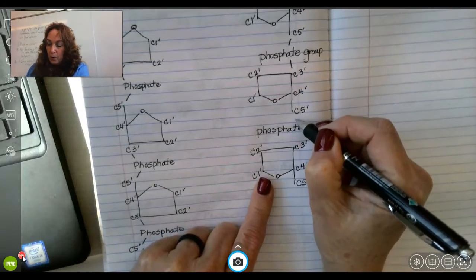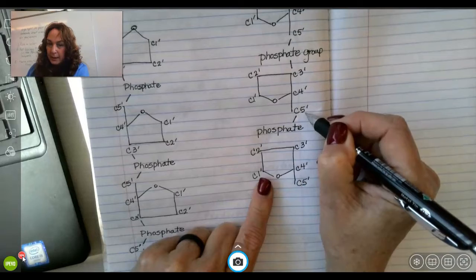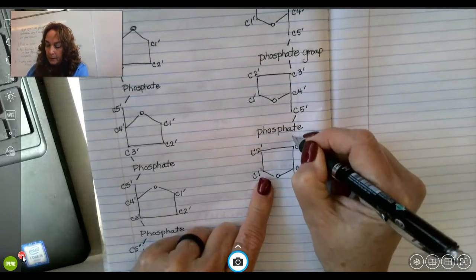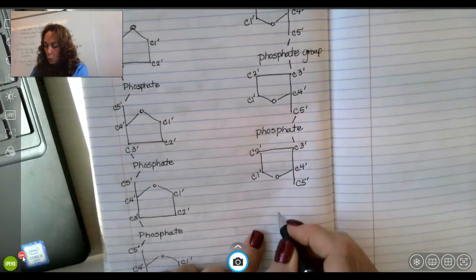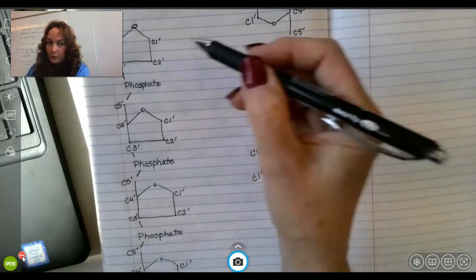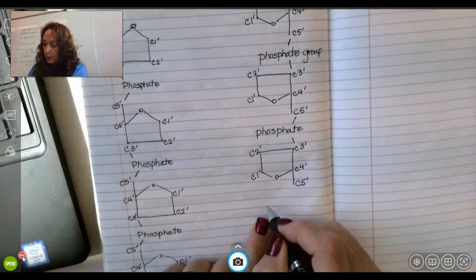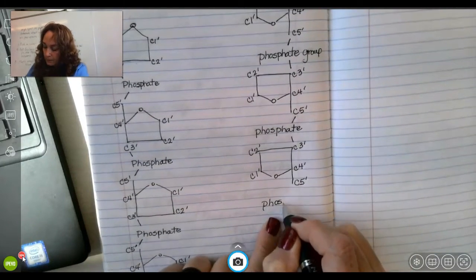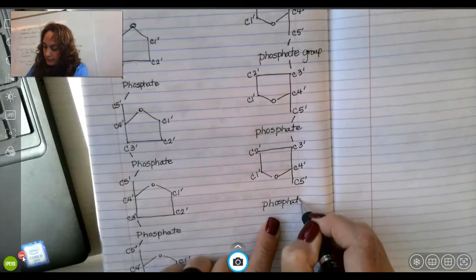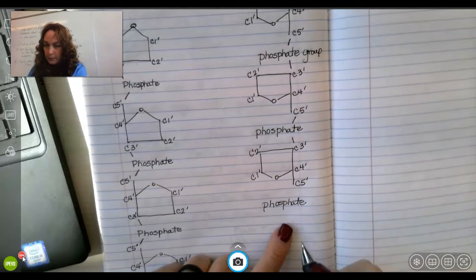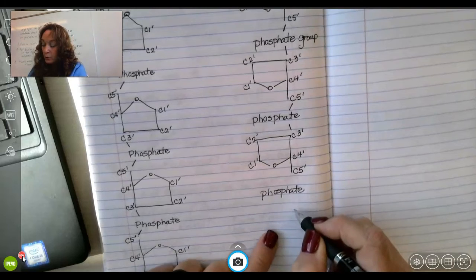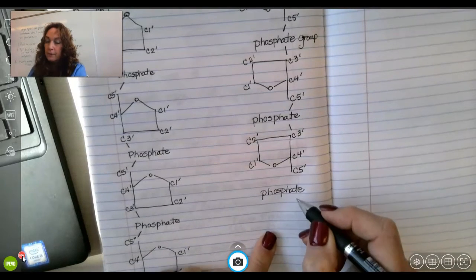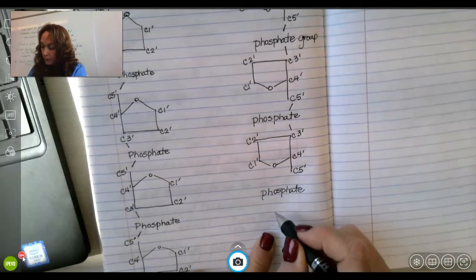So, covalent bonding, 5' end of this one, 3' end of that one. One more time, right? 1, 2, 3, 4. 1, 2, 3, here we go. Phosphate group, I'm not going to write group because I did put it up there, so I know what I'm doing. And I'm going to draw my sugar with the directionality of the 5' carbon down.